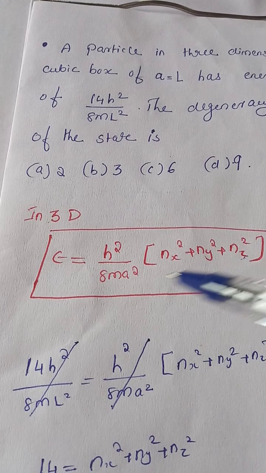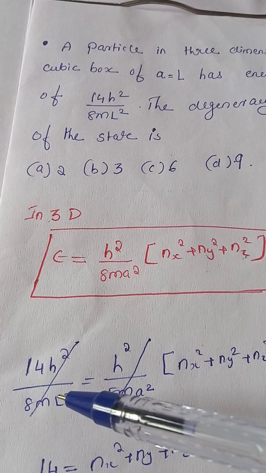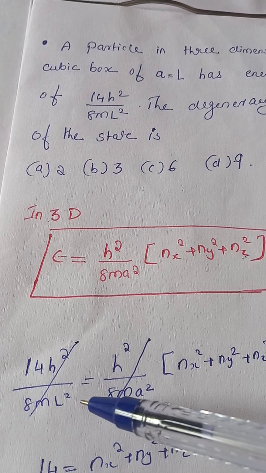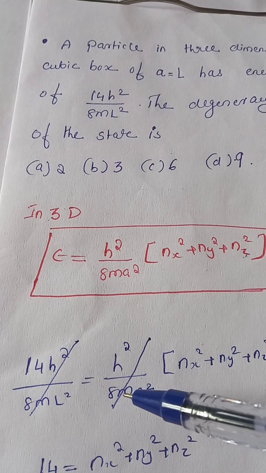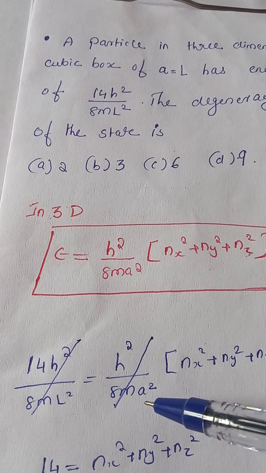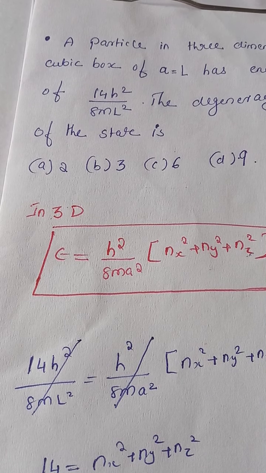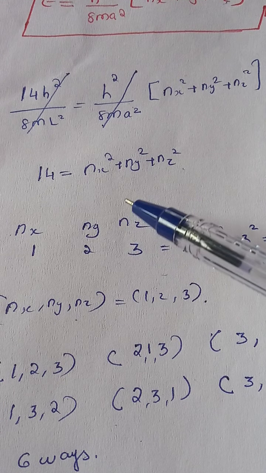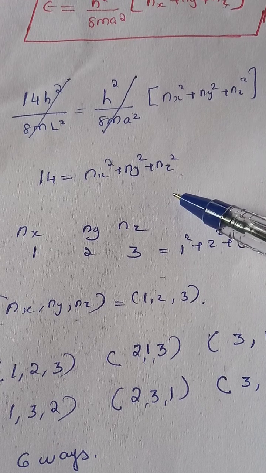Here the energy is given, so we equate this equation with the given value, and we can cancel h square by 8mL square from each side since a is equal to L. So our equation becomes 14 is equal to nx square plus ny square plus nz square.